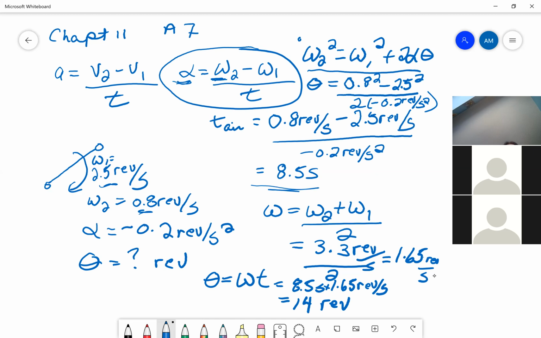So you can do it all in one step by using equation 3, but just putting the angular versions in, or you can do it in 2 steps by figuring out the time in the air, and then given the average velocity, you can calculate the distance. Any questions? Either one works.